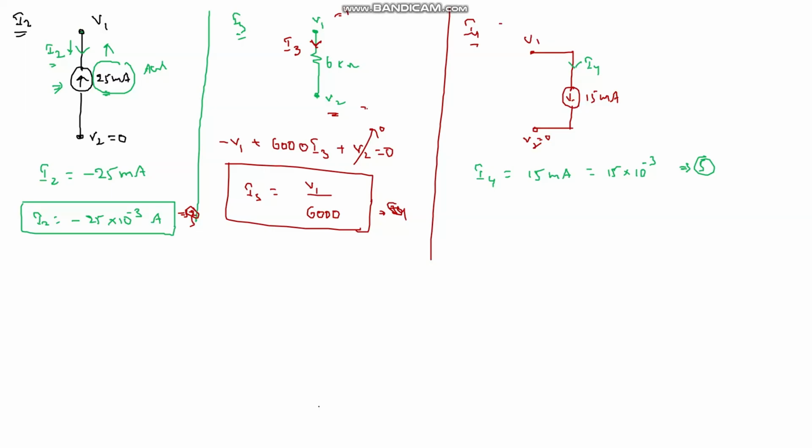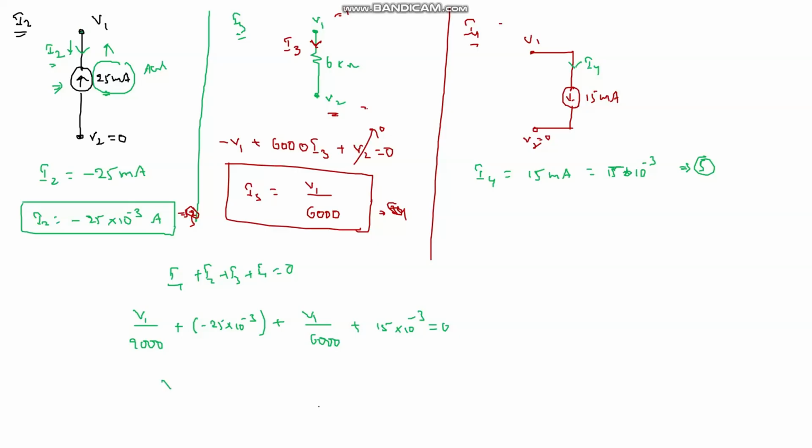Now substitute the second, third, fourth and fifth equations in equation 1. Equation 1 is I1 plus I2 plus I3 plus I4 is equal to 0. We got I1 as V1 by 9000, I2 as minus 25 into 10 power minus 3, I3 as V1 by 6000, and I4 as 15 into 10 to the power of minus 3.